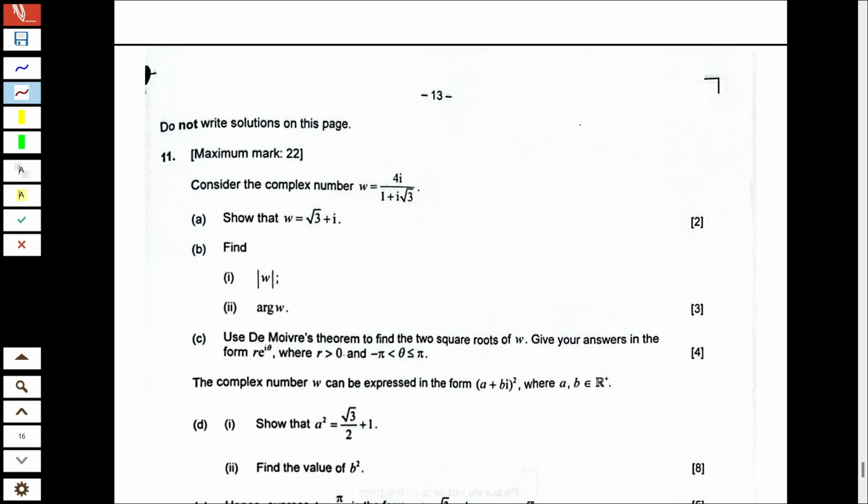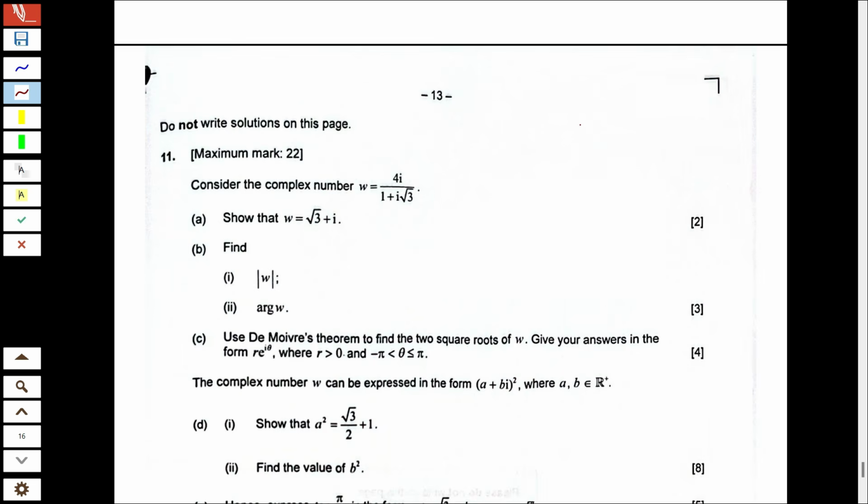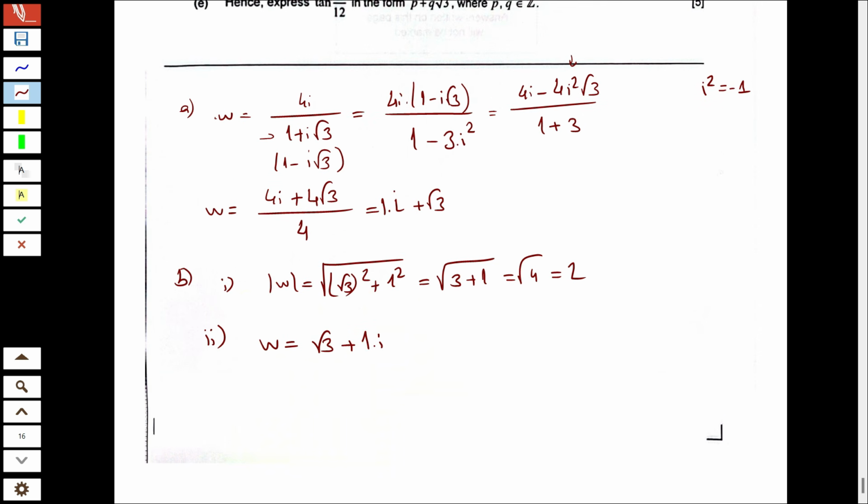Find the magnitude of w. The magnitude of w is the square root of the square of the real part plus the square of the imaginary part, which is 1 in here. So this is square root of 3 plus 1, square root of 4 equals 2. The argument of w: you know that w equals square root of 3 plus 1 times i.